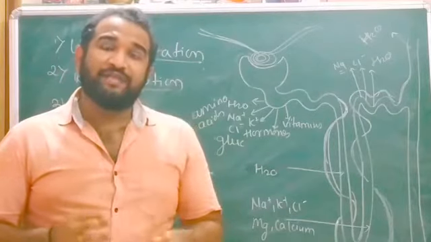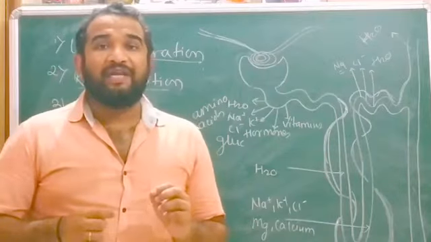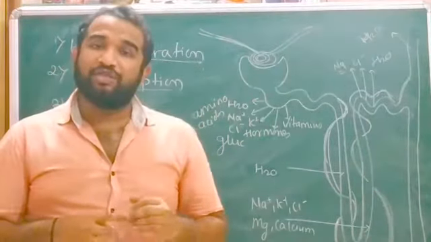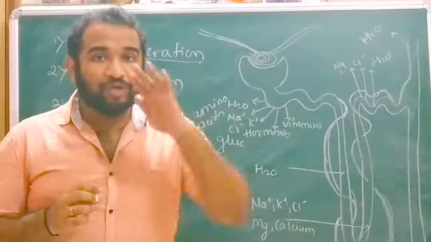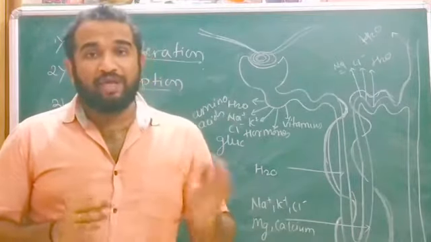But with the excretory system, the sympathetic nerves carry out constriction of the arterioles, and when that happens, the blood flow reduces. That is what happens with the sympathetic nervous control.